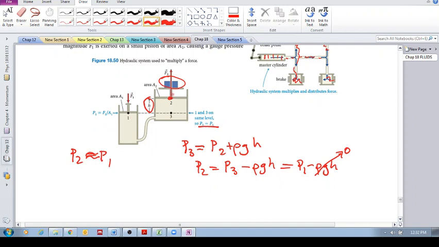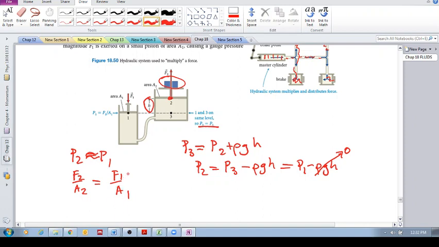But now, I hope you're still with me. Remember, what is the idea behind this? The idea is that I'm applying a force here, and it's transmitting the force somewhere else. Now the pressure at 2 is equal to the force 2 over area 2, and this is equal then to the pressure at 1, which is force 1 over area 1.